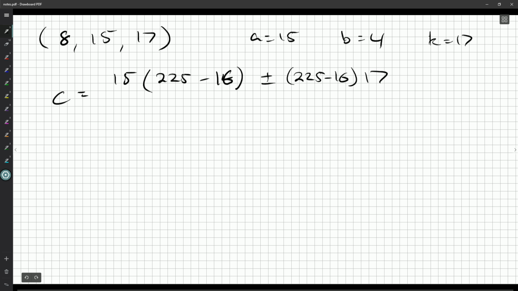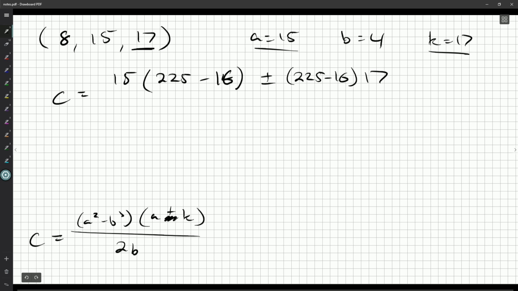So, I mean, one thing I could do is I could definitely say, let's just take out a factor of A squared minus B squared. Then it's always going to be A plus or minus K. And you're always going to have to do the plus because K has to be bigger than A because K is the hypotenuse. Okay. So there we go.